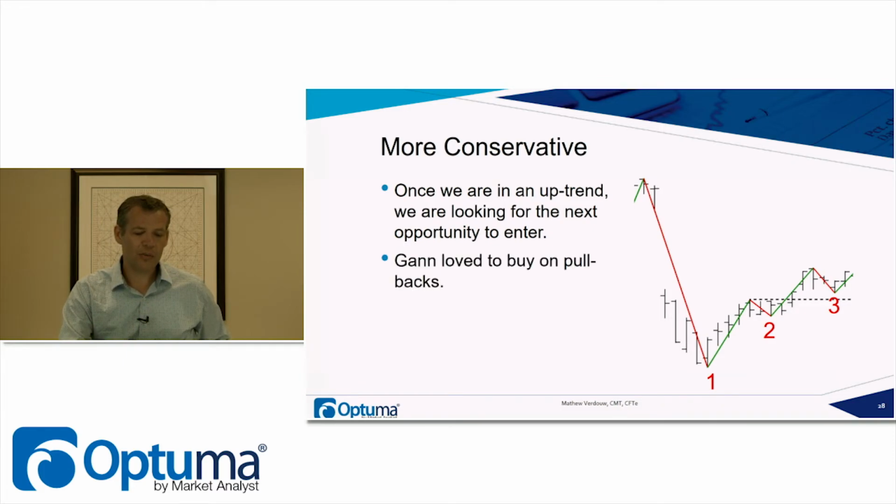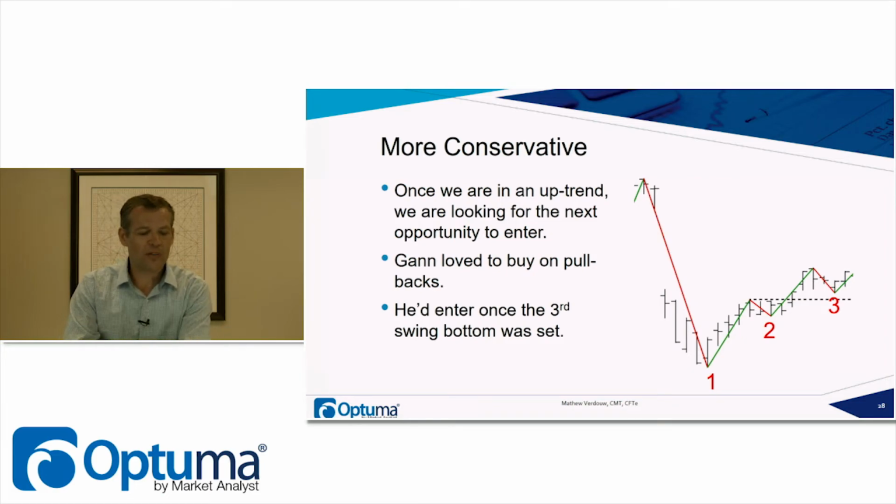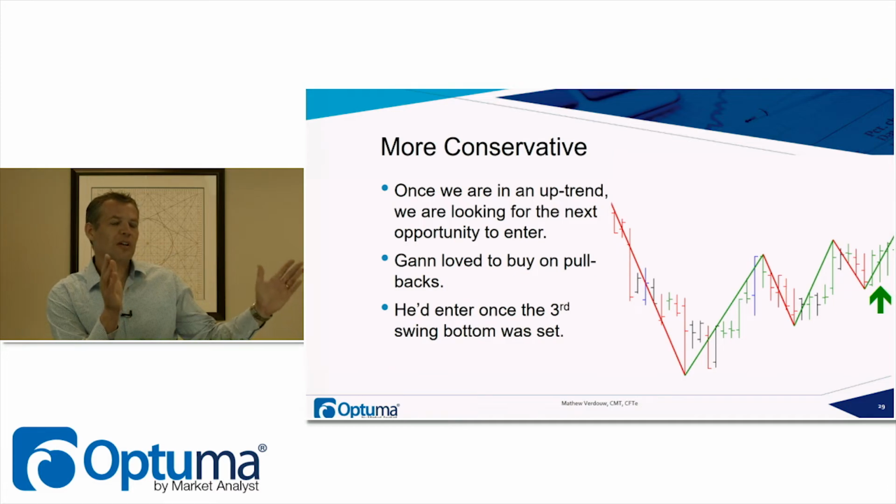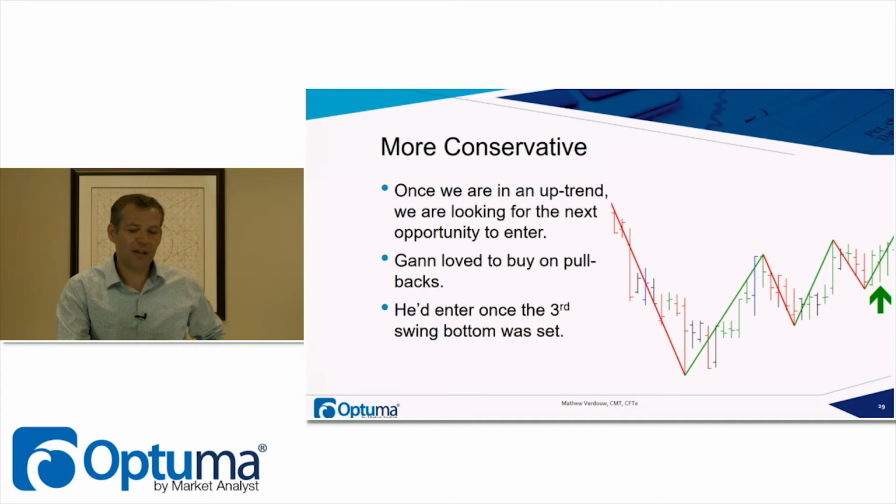He loved to buy on pullbacks, and he'd enter once that 3rd swing bottom was set. Again, here I'm doing it quantitatively, and I created a show bar in Optuma so I can test it. Whenever I do signal testing, I want to see my signals on the chart first and just visually observe, does this make sense? Am I actually capturing on the chart what I think I should be looking at? And so that's what we've done there.